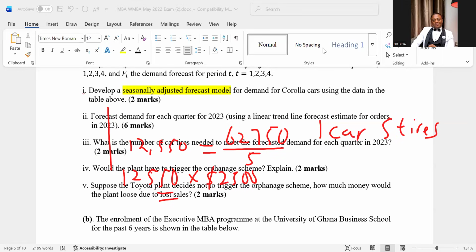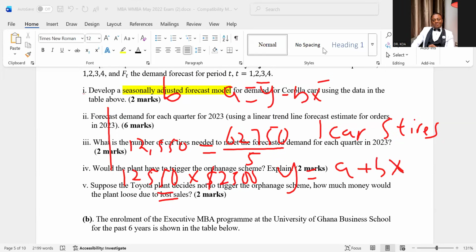Once you have these two, you can find your XY, the X squared, and then use the equation of a line formula to find the B, which is the slope. Once you have the slope, you can find the intercept, which is the A, given by Y bar minus B X bar.